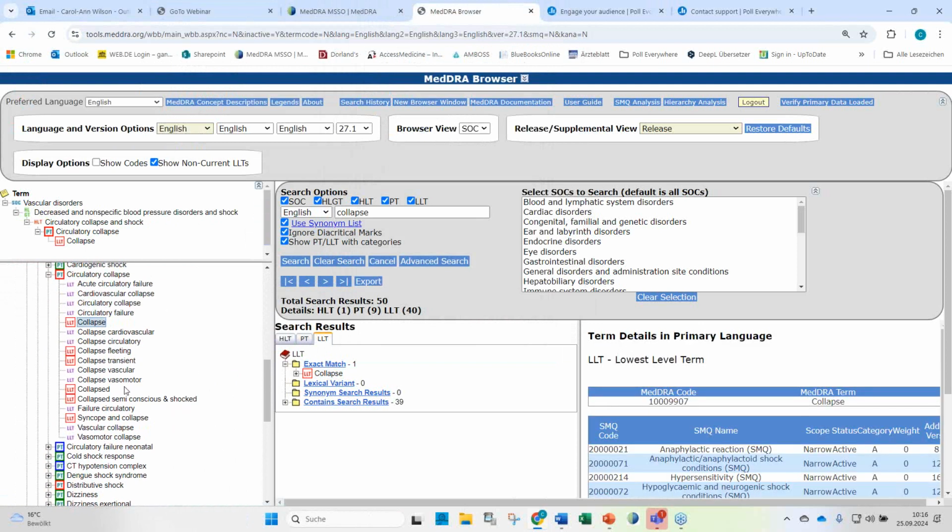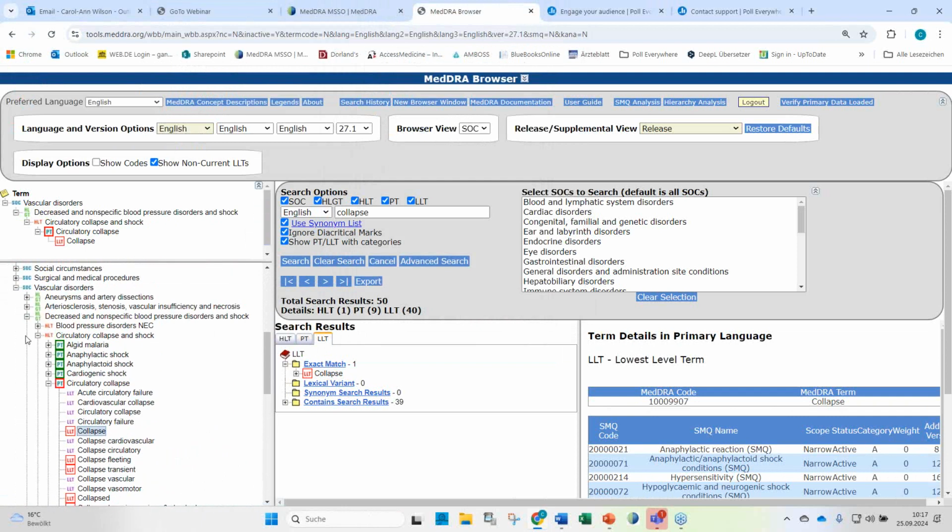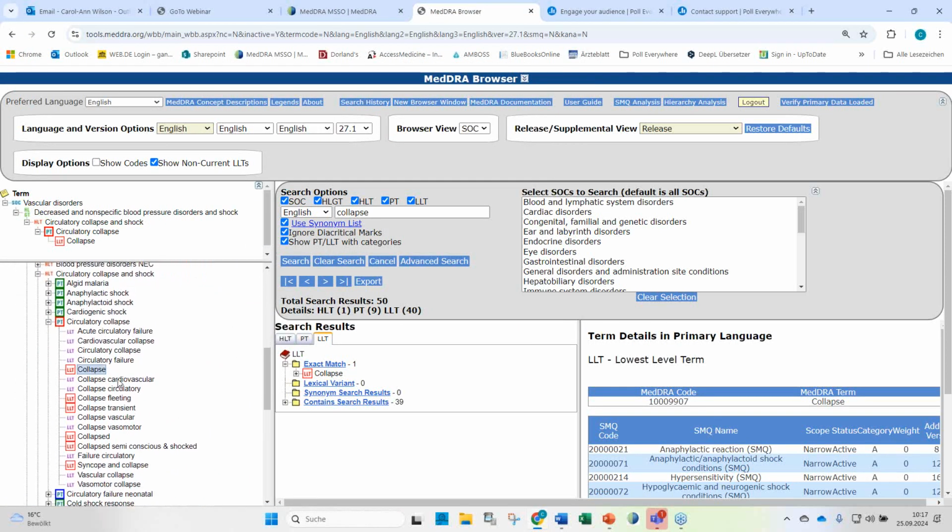Also, the collapsed LLT that was visible in our poll is non-current, and circulatory collapse is grouped under HLT circulatory collapse and shock. So quite severe conditions here, anaphylactic shock, cardiogenic shock.